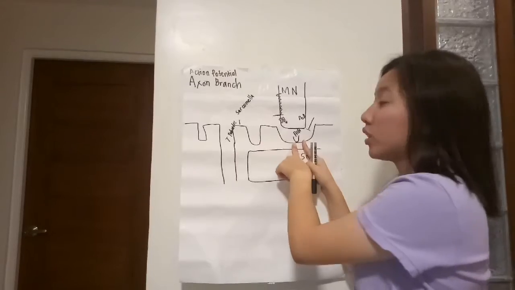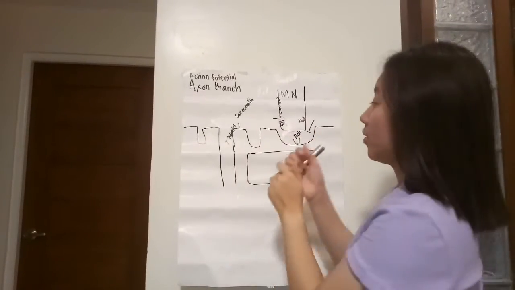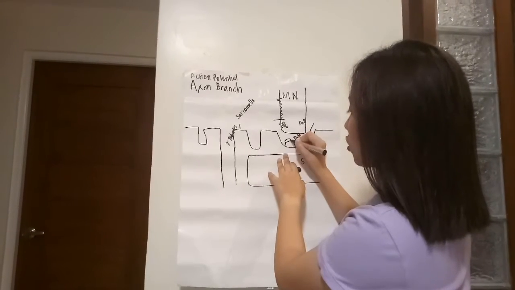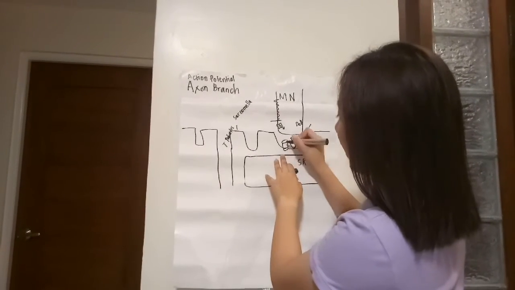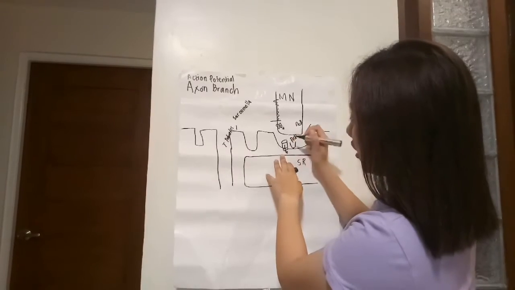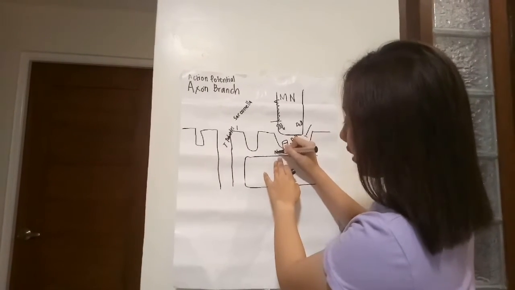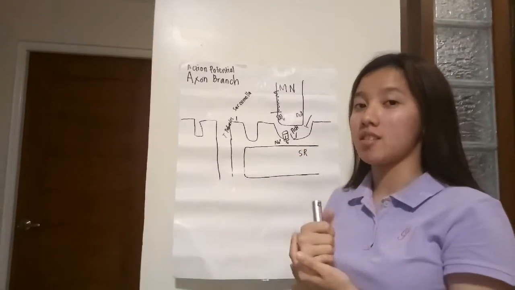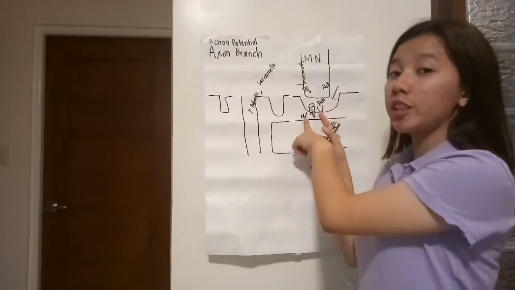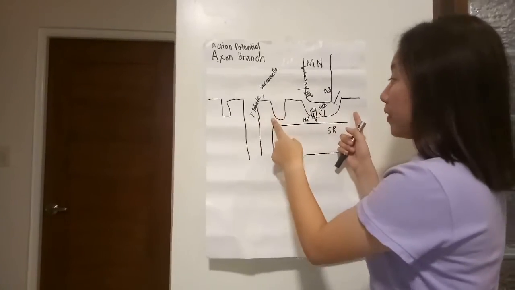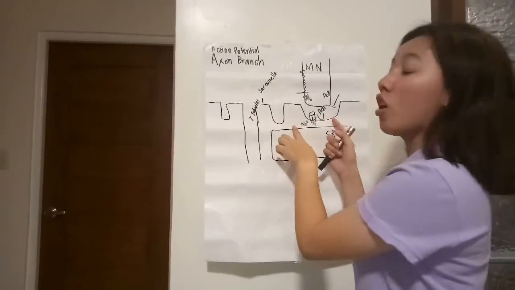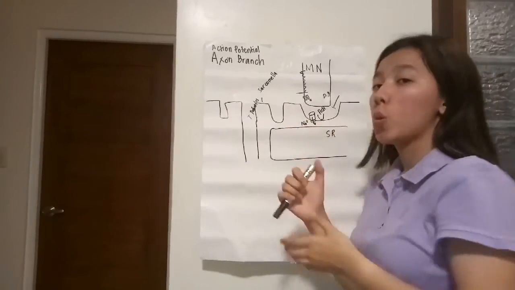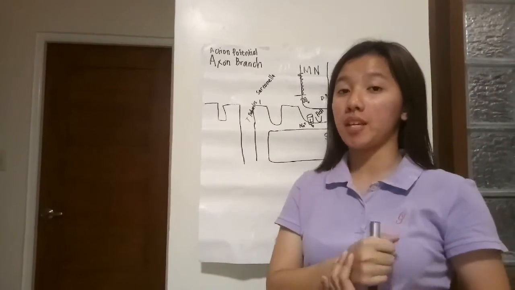Basically, what it does is open up the sodium channel gates and allow sodium, or Na, inside the muscle cells. Once the sodium successfully gets through, it will cause the skeletal muscle cell to depolarize.